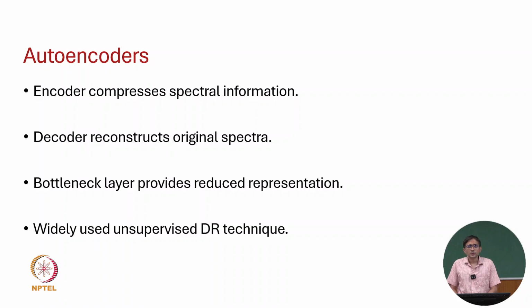Autoencoders consist of an encoder and a decoder, where the encoder compresses spectral information, the decoder reconstructs the original spectra, and the bottleneck layer, in a way, thus provides us with a reduced representation. This is widely used for dimensionality reduction. So what kind of reduction is this? This is feature transformation, not feature selection or band selection, right?